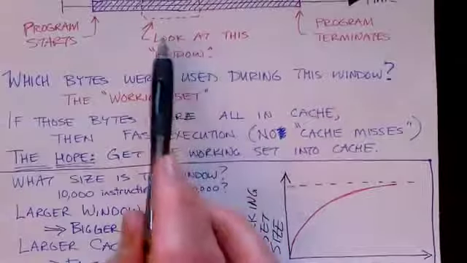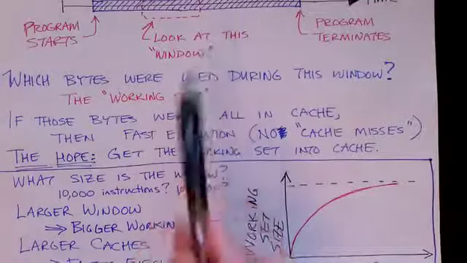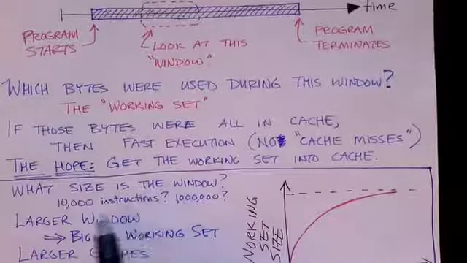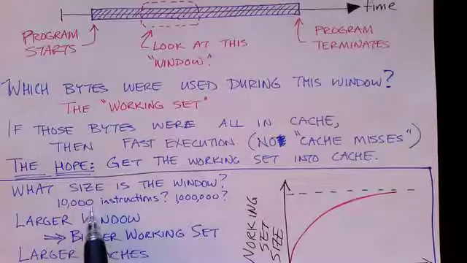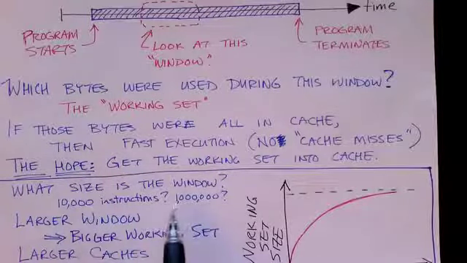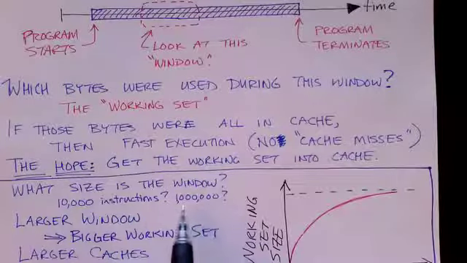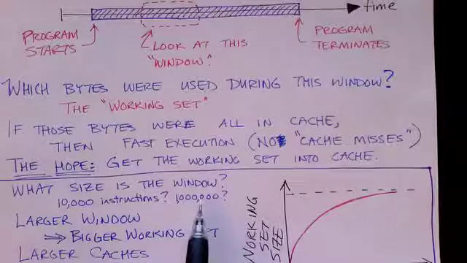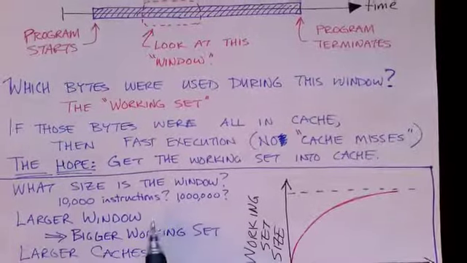Obviously, if we look at a larger number of instructions, the working set is going to increase. The number of bytes accessed by 10,000 instructions will be smaller than the number of bytes accessed by 1 million instructions, most likely. You execute more of the code, you're going to touch more of the data, you're going to touch more instructions. So as you increase the window size, the working set gets larger.